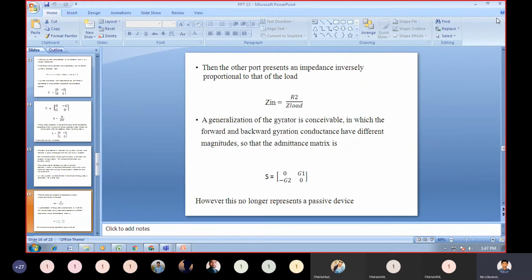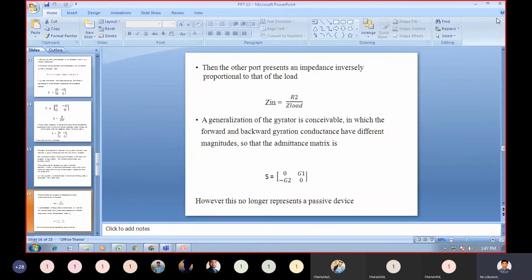Therefore, the input impedance Z input is equal to R squared divided by the load impedance Z load. You need to see the equation.